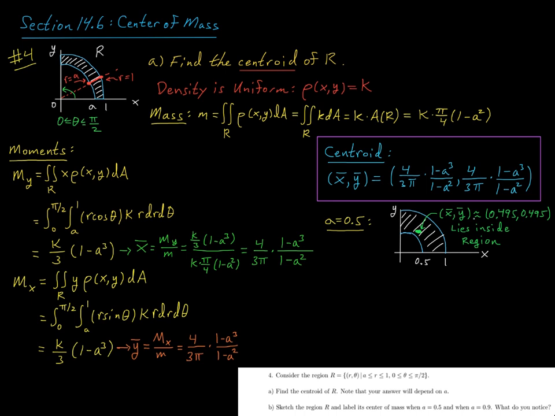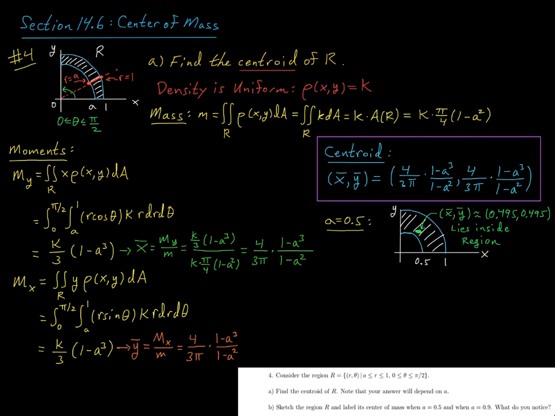If I measure the distance from this point to the origin, since it lies along the diagonal y equals x, that distance is 0.495 times the square root of 2, a number a little bit bigger than 0.5. That implies that our center of mass, when a is a half, lies inside our region.